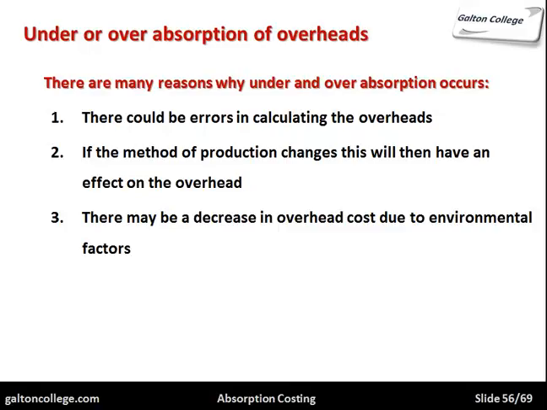It could be also, of course, instead of saying decrease, we could say increase, because sometimes organizations have to engage in environmental schemes which are kind to the environment, which are costly to the organization. Again, leading to under or over absorption.